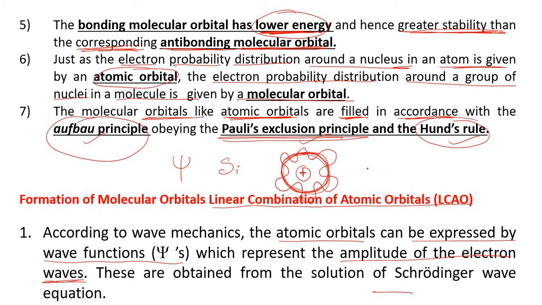If I write that wave with respect to this direction like this, now this I call the amplitude, that is the energy of that electron. So here I mention which represents the amplitude of the electron waves. These are obtained from the solution of the Schrodinger wave equation, right?